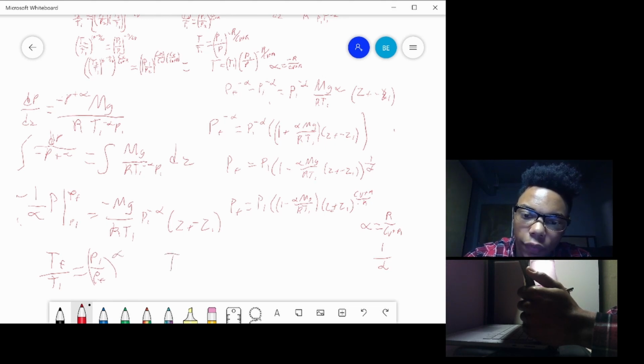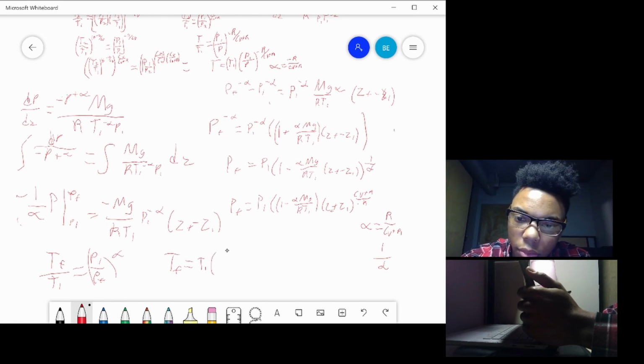And so our final temperature is going to be equal to T1 multiplied by P1 over PF to the alpha. And we're going to substitute this PF in right there.